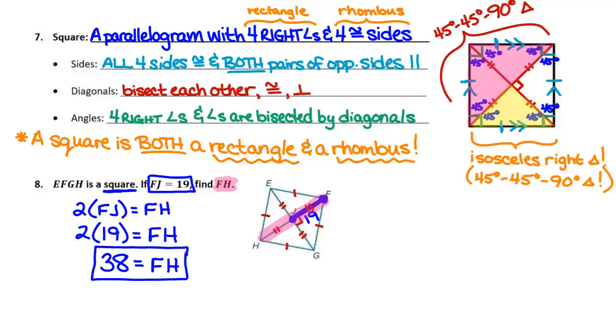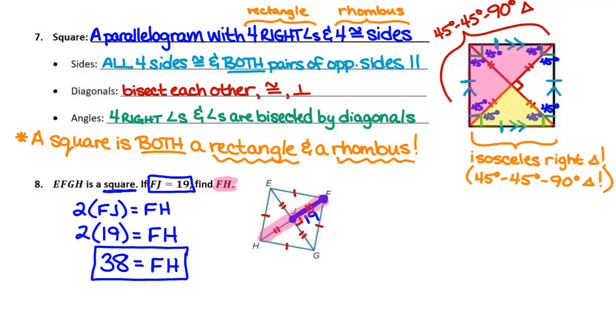Could we have done that problem if they said that this was a rectangle instead of a square? Yes, we could have. Sorry, in a rectangle the diagonals are not perpendicular; in a rhombus they're perpendicular. In a rectangle, the diagonals are congruent and bisect each other.